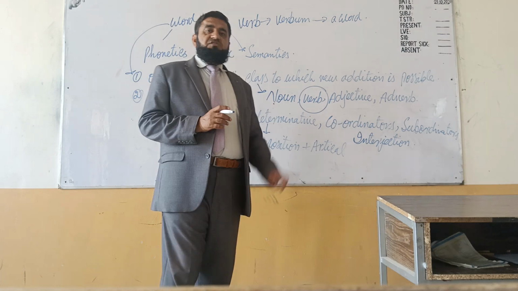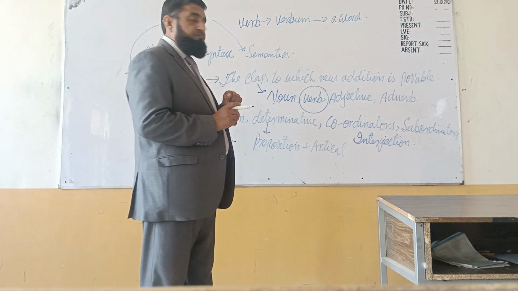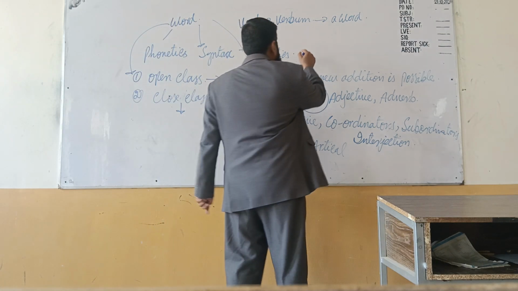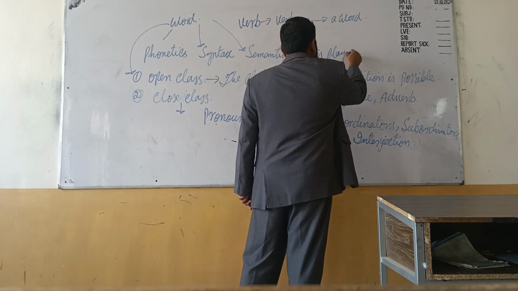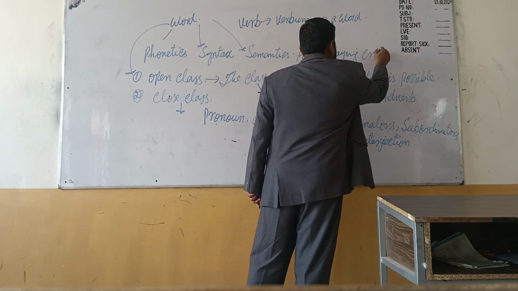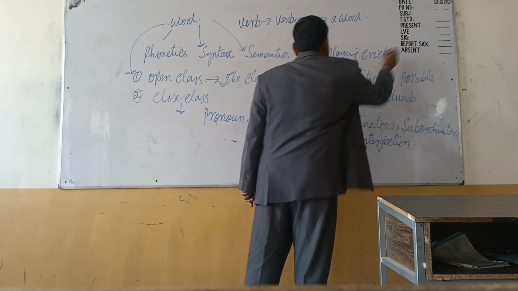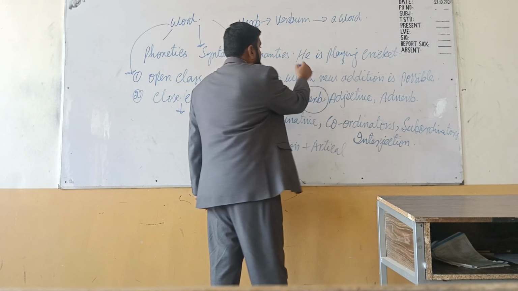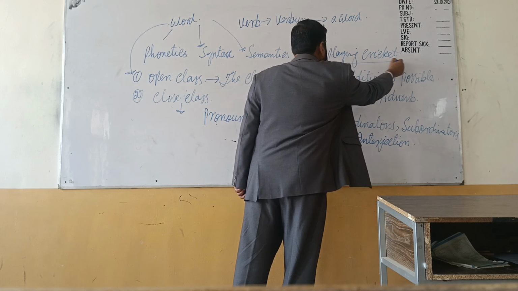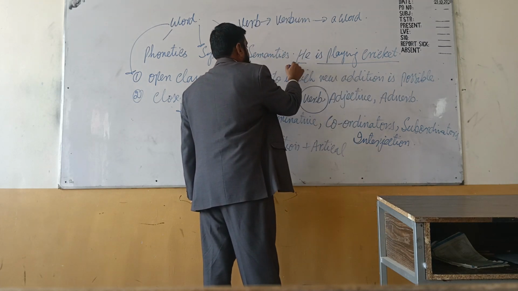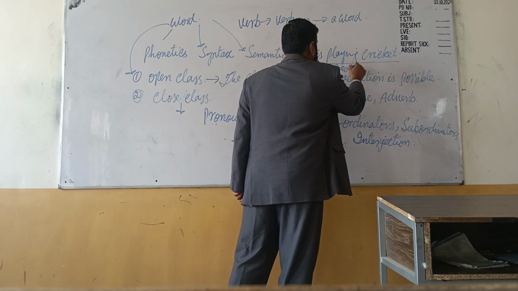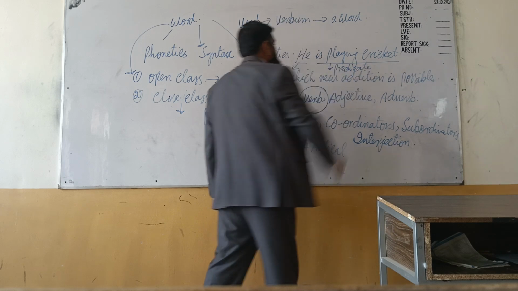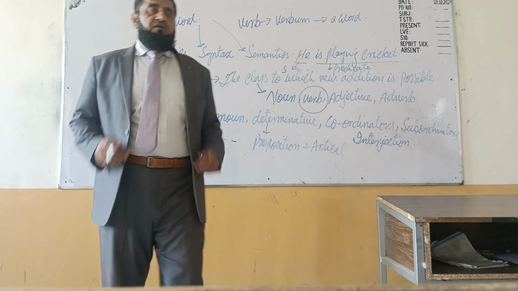You know, a sentence contains two parts. For example, "He is playing cricket." We have a sentence. Its subject is "he", and "is playing cricket" is the predicate. So subject and predicate.